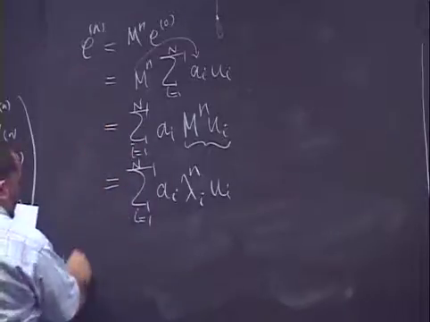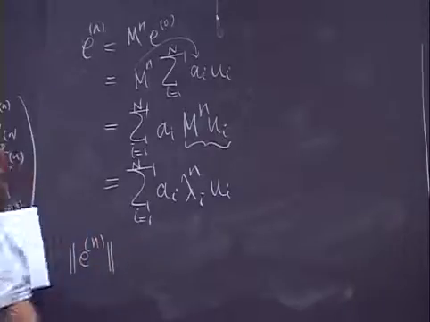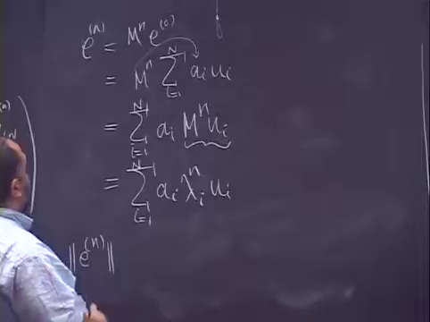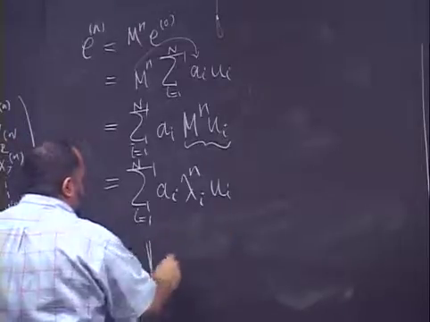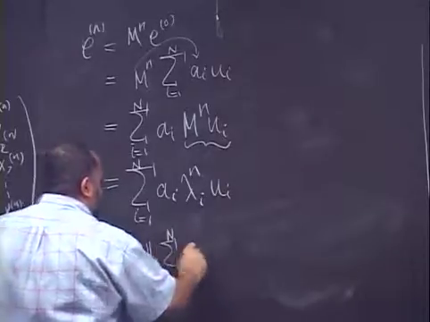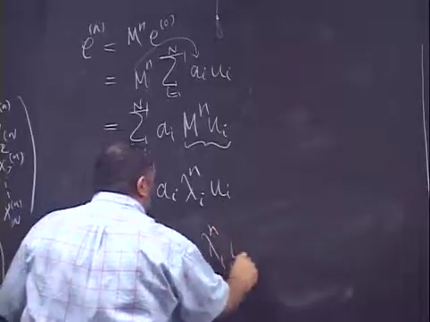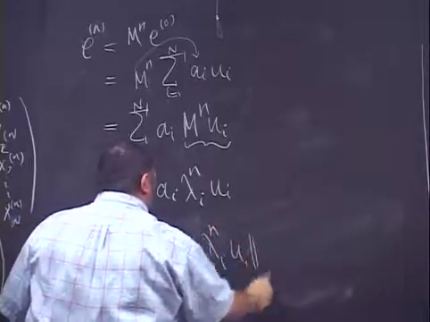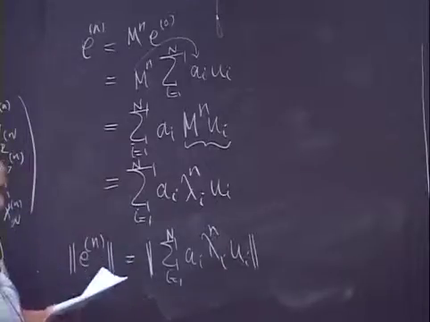Now, I can take the norm of the error vector after the nth iteration, and I will take the same norm here. So this will be the norm of the summation from i equal to 1 to N of ai lambda i to the power of n Ui. I did not do anything except taking the norm.